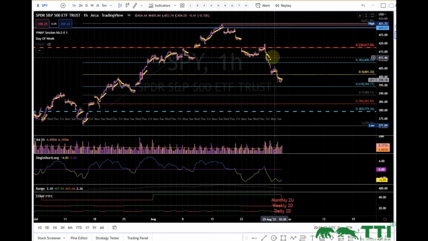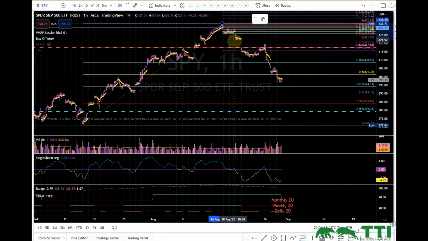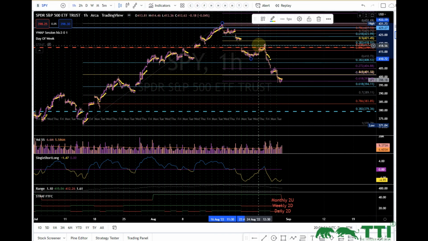To the downside, all I want is rally, break this, enter. Rally, break this, enter. Easy, right? It's all there for me. And I can even say, you know what, I'm just going to draw a Fibonacci going down. When it hit the 38.2, it didn't keep going up and it reversed.